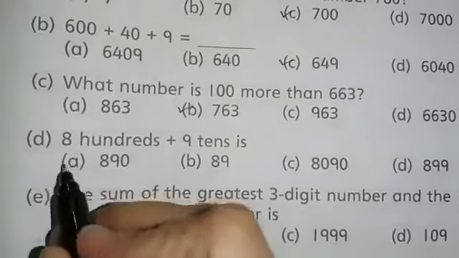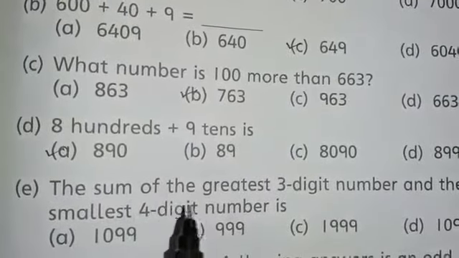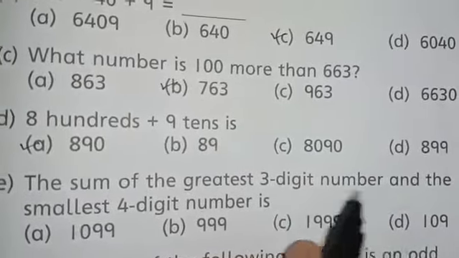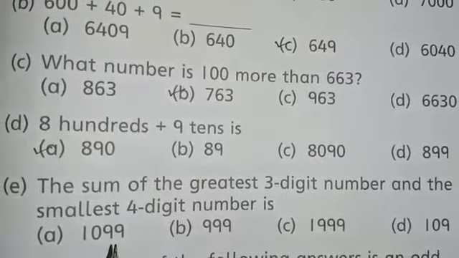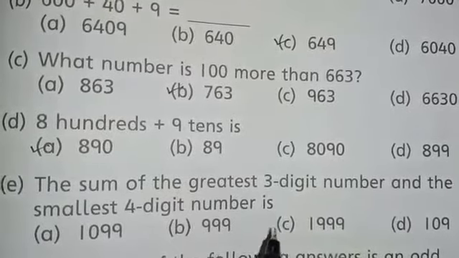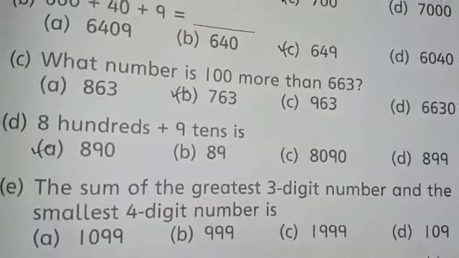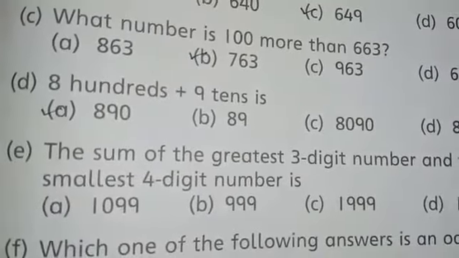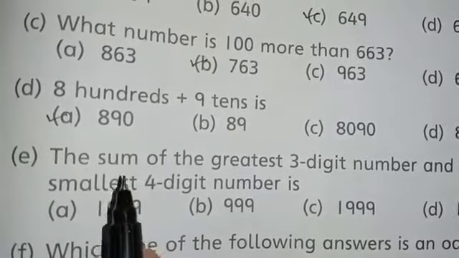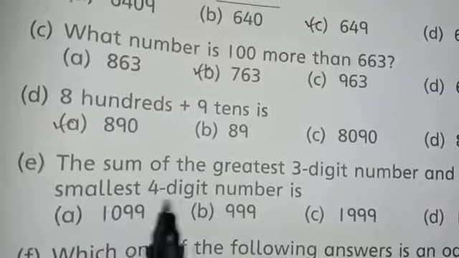It's A part, 890. Now E part is the sum of the greatest 3-digit number and the smallest 4-digit number is. Options are 1099, 999, 1999 and 109. Sum of it means addition of the greatest 3-digit number and the smallest 4-digit number.